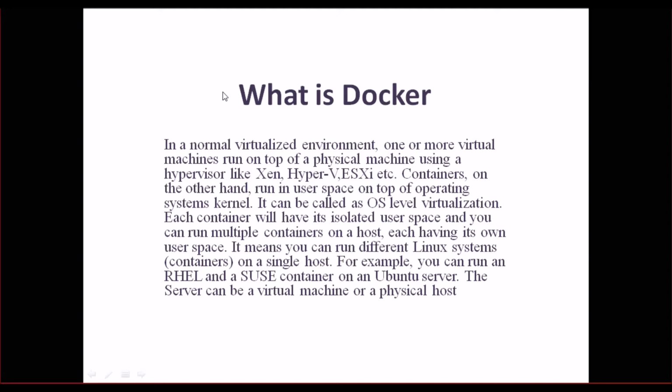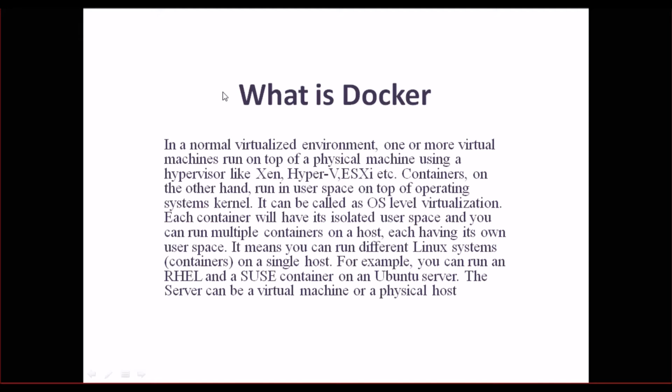Remember, each container will have its isolated user space, and you can run multiple containers on a host, each having its own user space. That means whatever containers you are launching, they will have their own user spaces. I'm going to discuss what user namespaces are. It means you can run different Linux system containers on a single host.